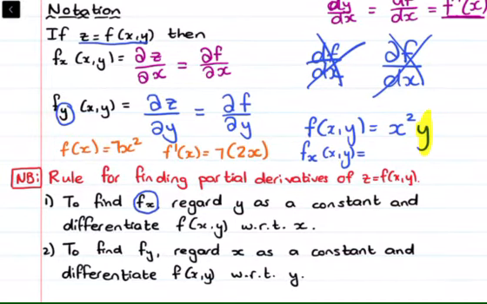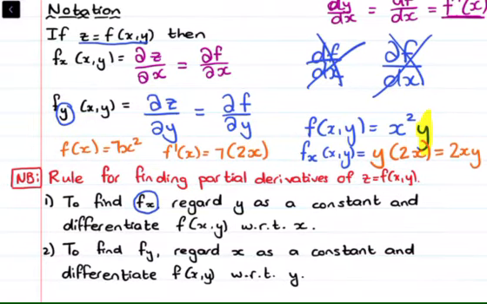So that is the exact same thing that you do when you are finding the partial derivatives with respect, in this case, to x. So you look at that y as if it's the 7. So you keep it as it is. So you have y, and then you find the derivative with respect to x. So then that is 2x, which means that the answer becomes 2xy.